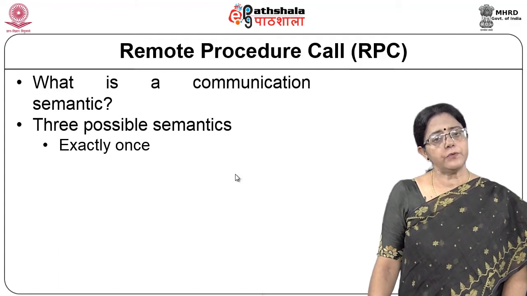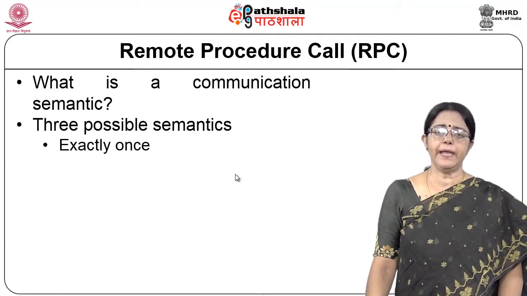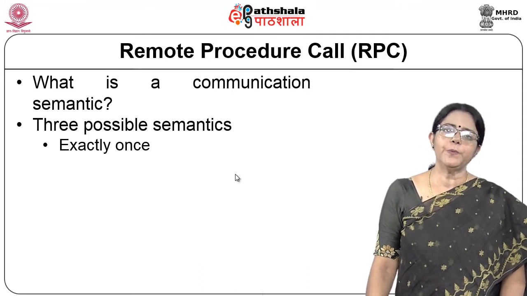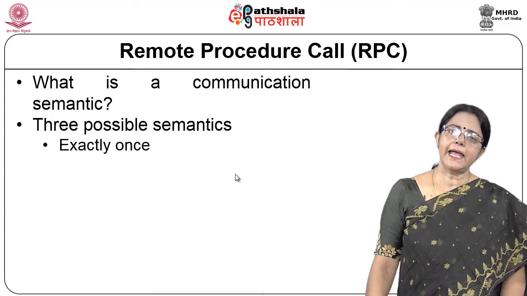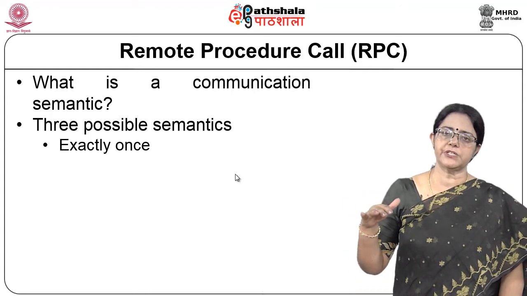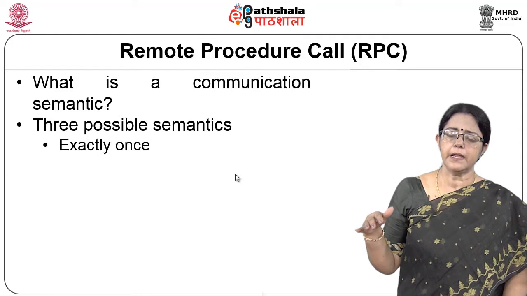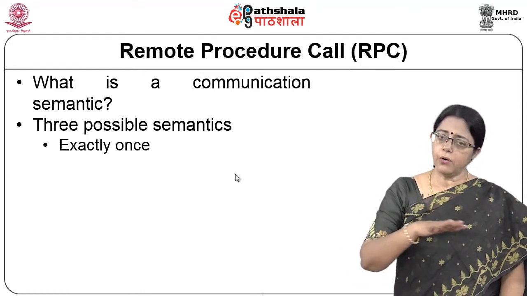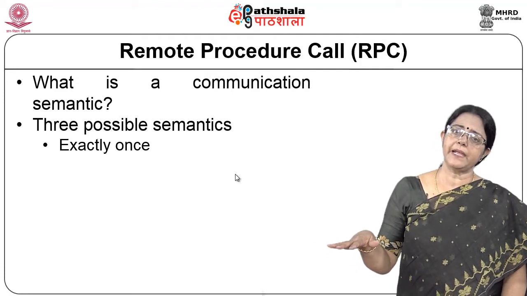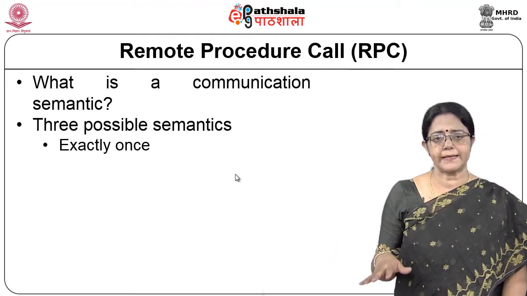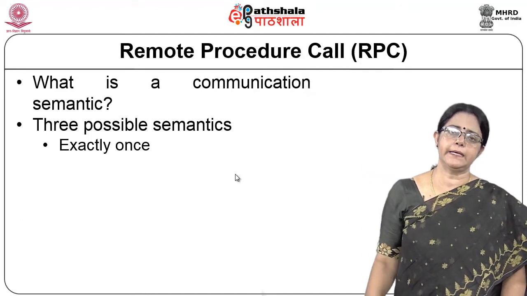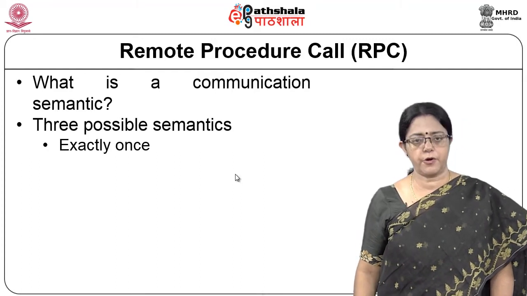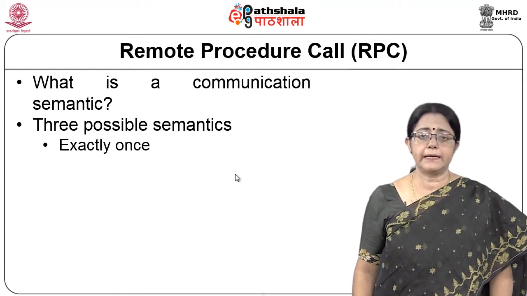Although we know that to make the communication happen, we need to retransmit and duplicate messages, as far as the higher level of communication is concerned, if the sender and receiver demand exactly once semantics, all the underlying mechanisms must take care that there is no reflection of the retransmissions and no disturbed ordering. That is called exactly once.